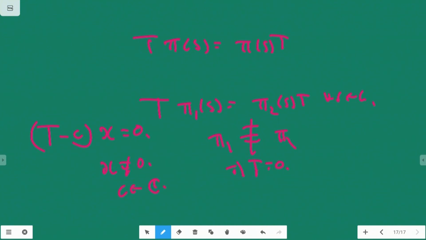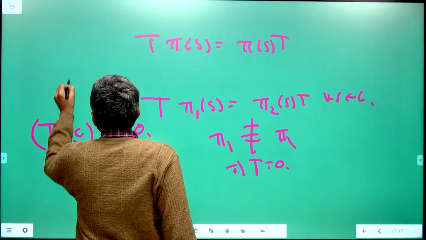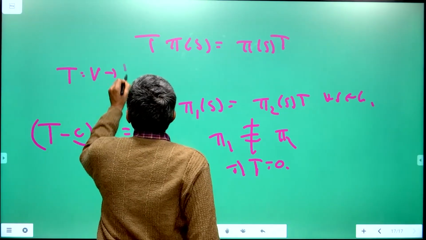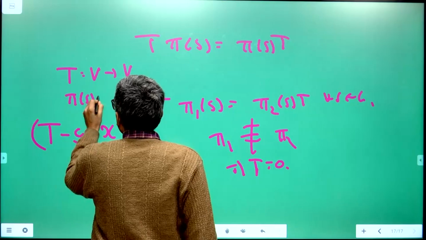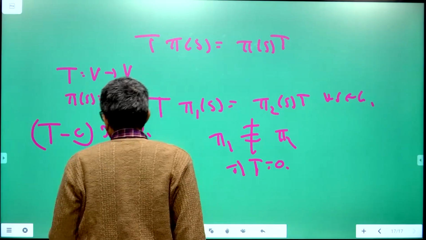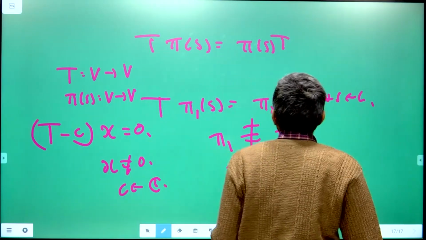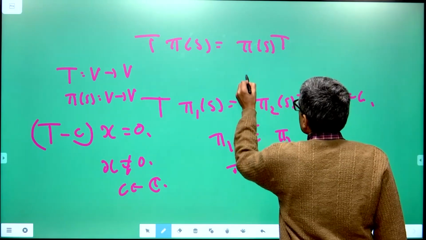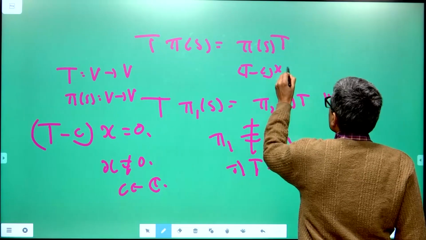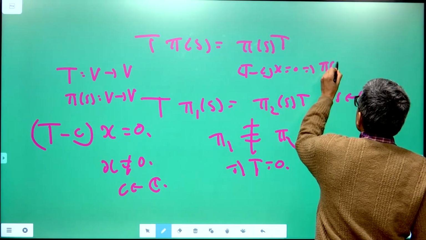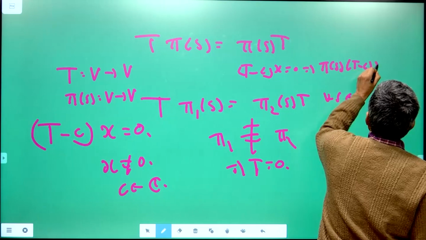Now you see, T is a mapping from V to V itself, and pi g maps V to V. Now the null space of T minus C is invariant under pi g. Why? If T minus C x is equal to 0, then pi g acting on T minus C x is also 0.